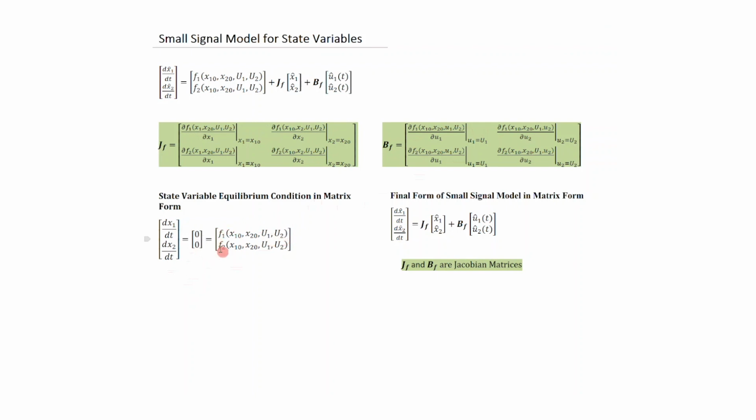So if this is 0, then this term doesn't exist. It's equal to 0. So finally, we end up with a small signal model that looks like this. All right, so this is the final result for the state space model, the small signal, only in terms of small signal perturbations.